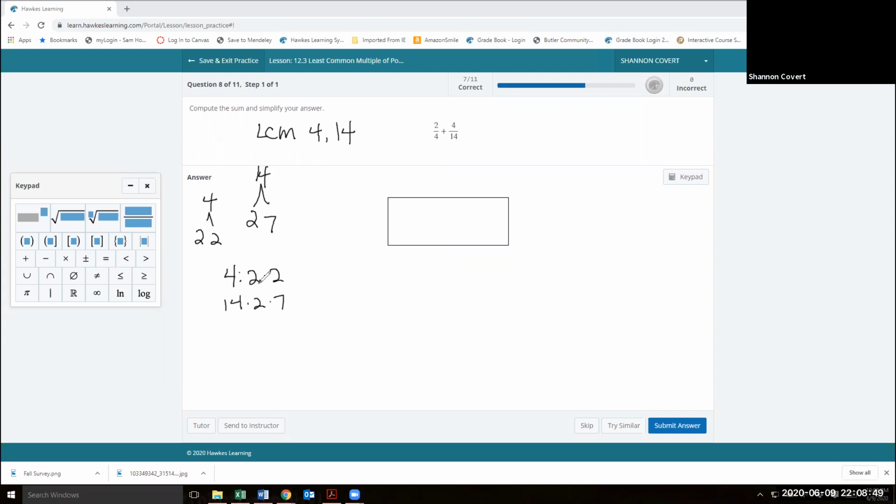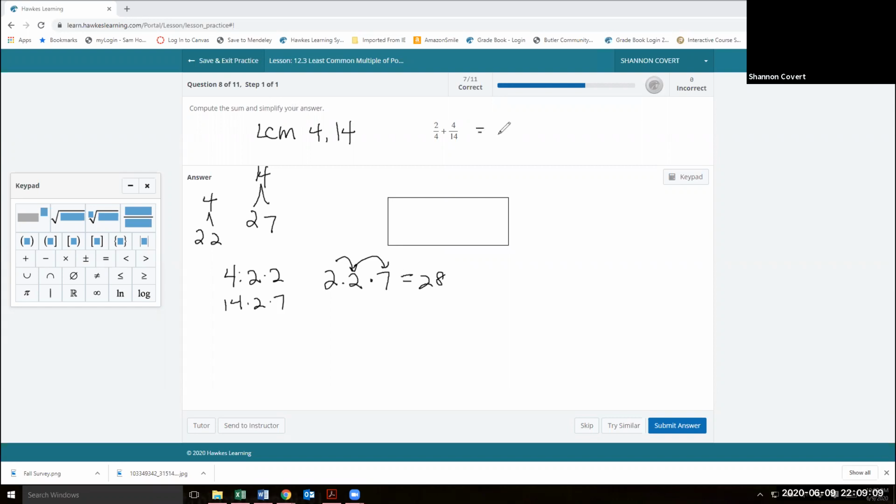So 4 is 2 times 2, 14 is 2 times 7. I have two number 2's in my first prime factorization, so I'm going to use both of those, and I have one 7. So 2 times 2 is 4, 4 times 7 is 28. That's my lowest common denominator, which is my least common multiple.